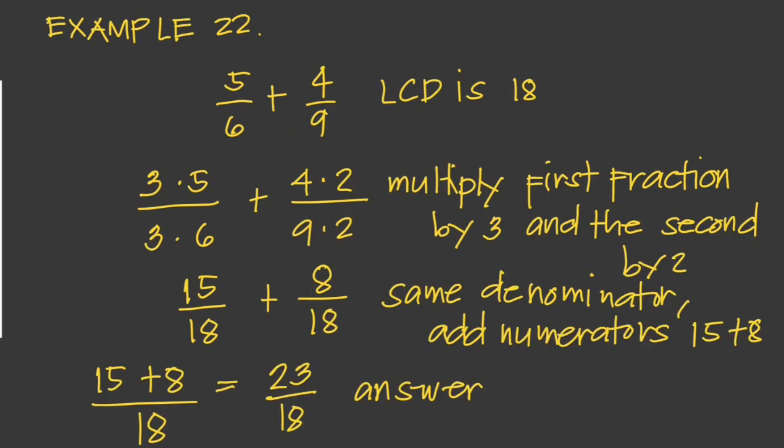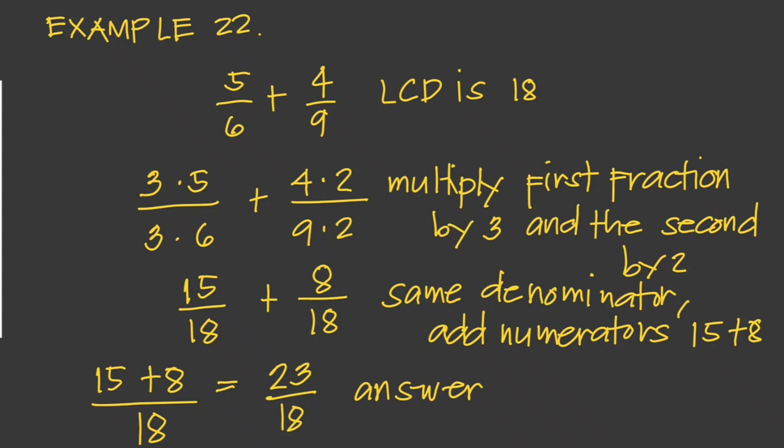Okay, let's take note that if the denominators do not match, we will first have to identify the LCD and build up each fraction by multiplying the numerators and denominators by the same number, so the denominator is built up to the LCD. Say for example, 5 over 6 plus 4 over 9.